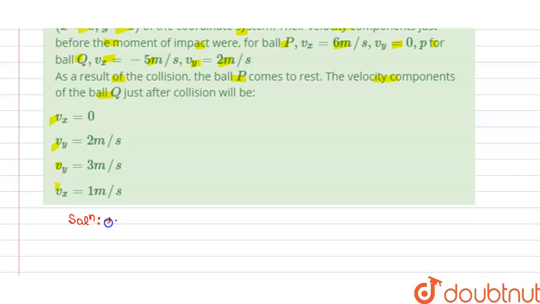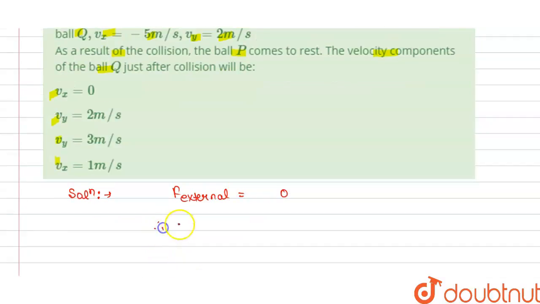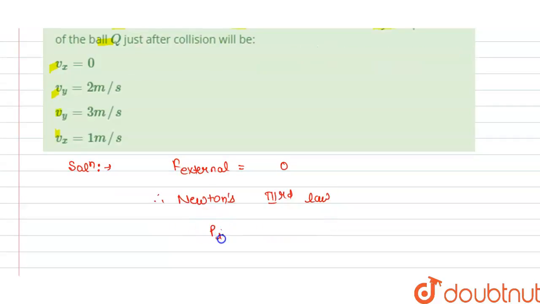So the solution of this question is, we have the external force acting on the balls is 0. So from this we can say that we can apply here conservation of momentum, that is, initial momentum must be equal to final momentum.